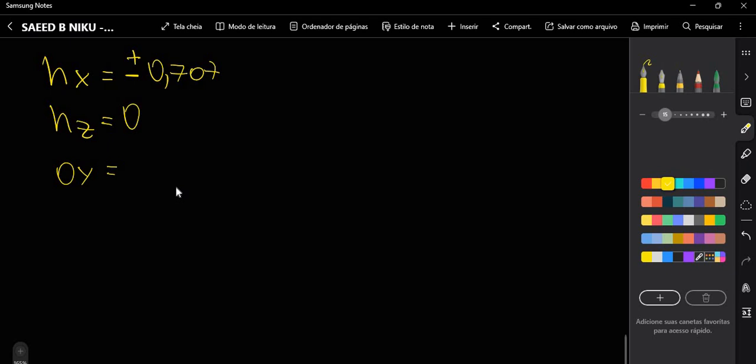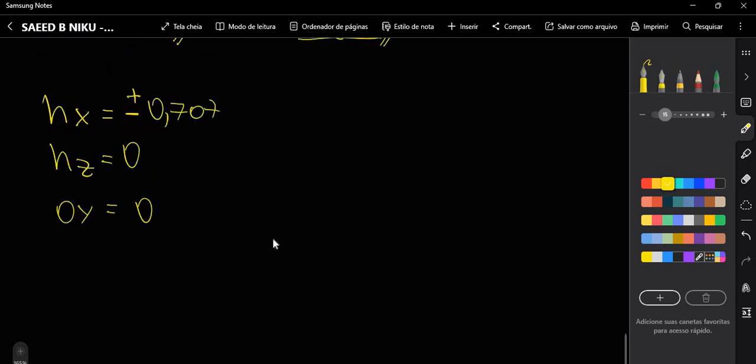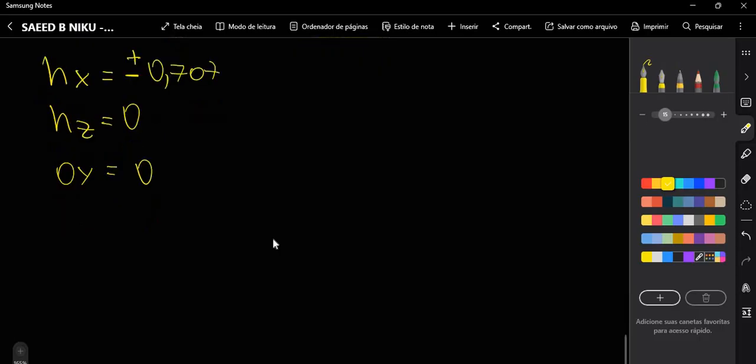Oy 0, Oz equal to 1, Ax equal to, Ay equal to.